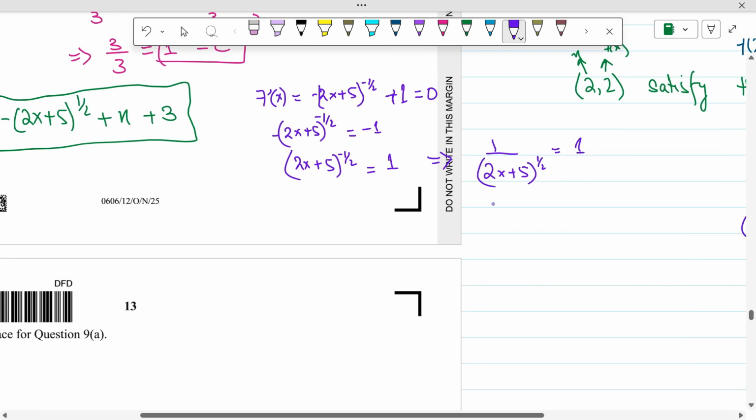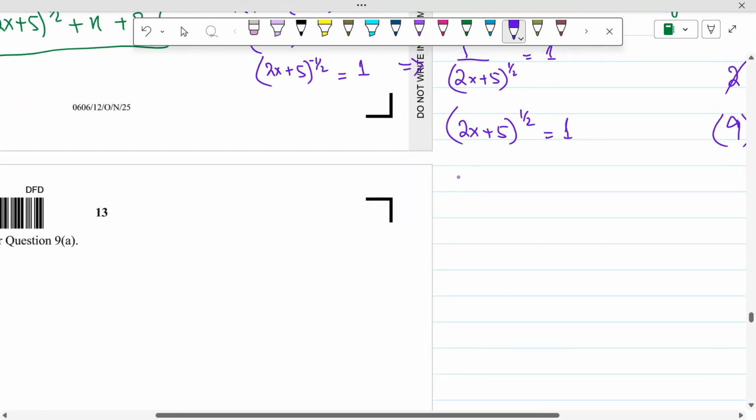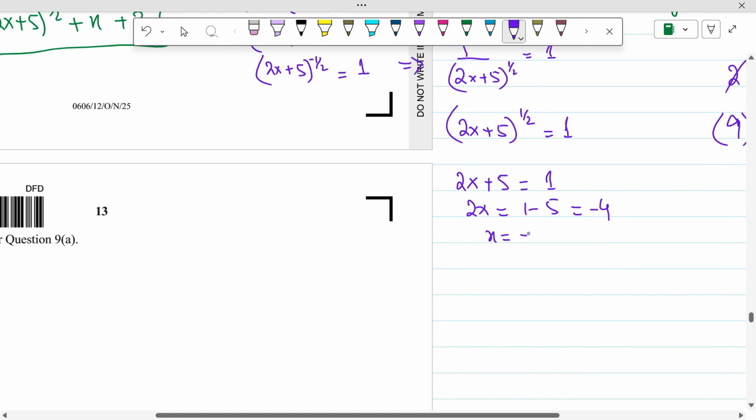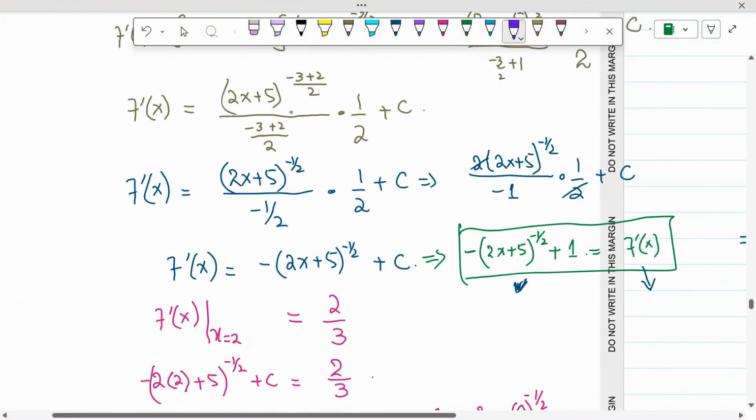So (2x+5)^(1/2) equals 1. Square both sides, we will have 2x+5 equals 1, and 2x equals 1 minus 5, which is negative 4. So x equals negative 4 over 2, which is negative 2. So this is the x coordinate of the stationary point.